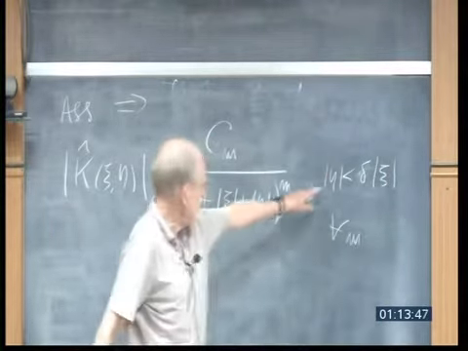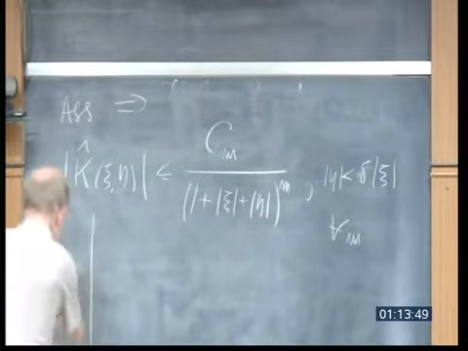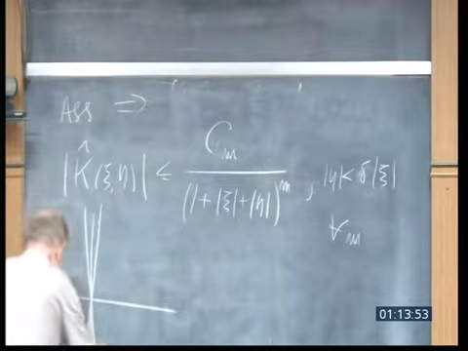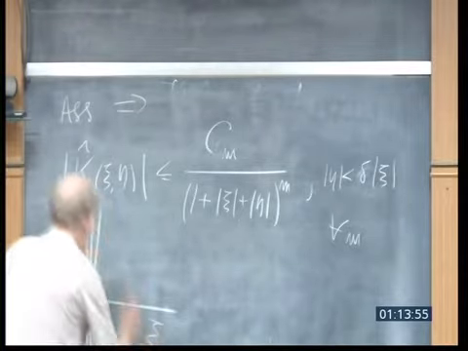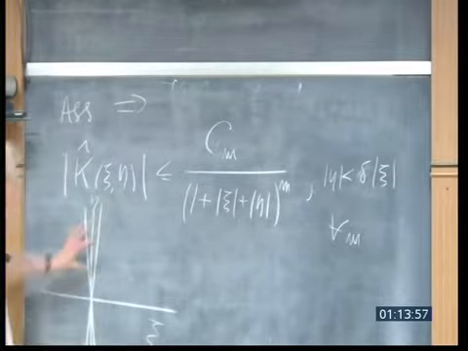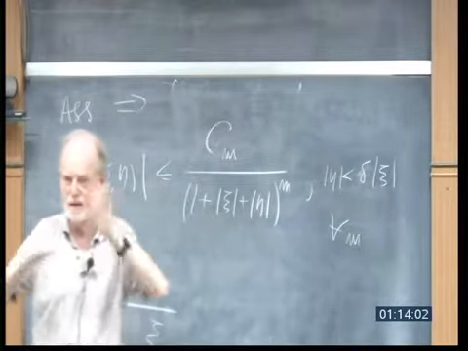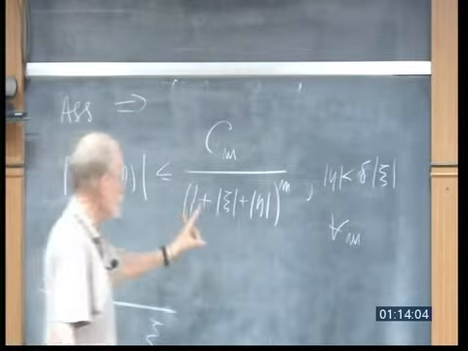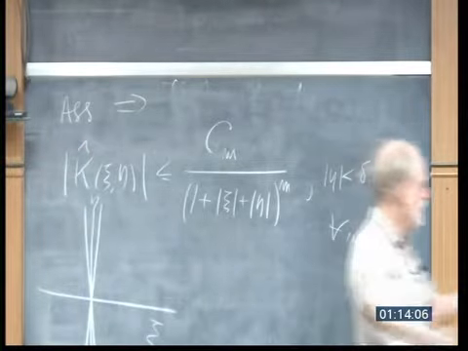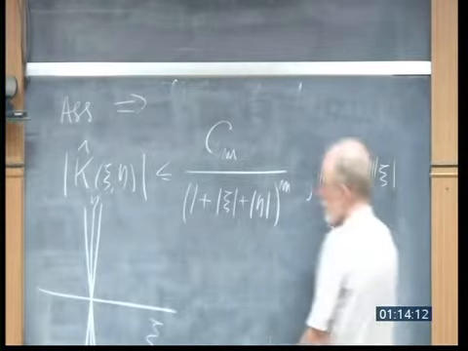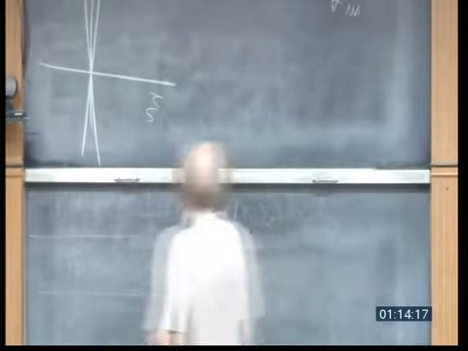So this condition restricts the (xi, eta) variable in the product space to a conic neighborhood of all the vertical elements that are forbidden in the wavefront set of K. Did the assumption disappear?